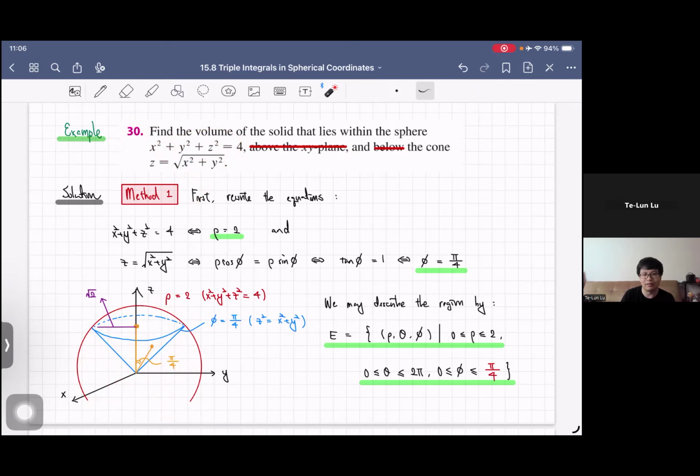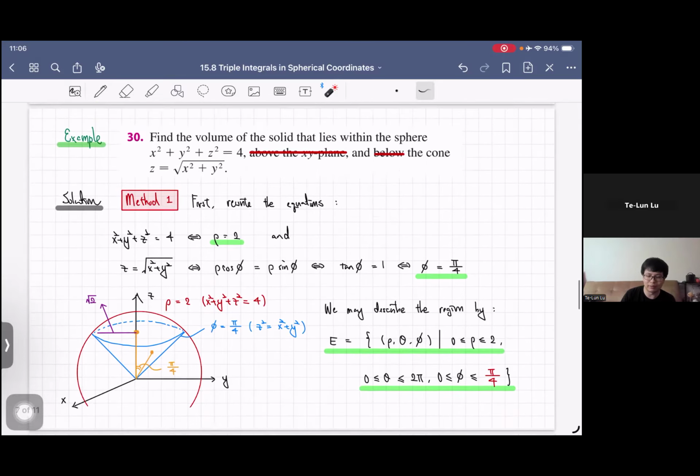But anyway, you can simply subtract my answer from the volume of the half ball, and you can get the corresponding answer. But first of all, let us do this problem, which will evaluate the volume between this cone and this sphere. Okay. So let us rewrite these surfaces in terms of spherical coordinates. First of all, what is x squared plus y squared plus z squared equal to 4?